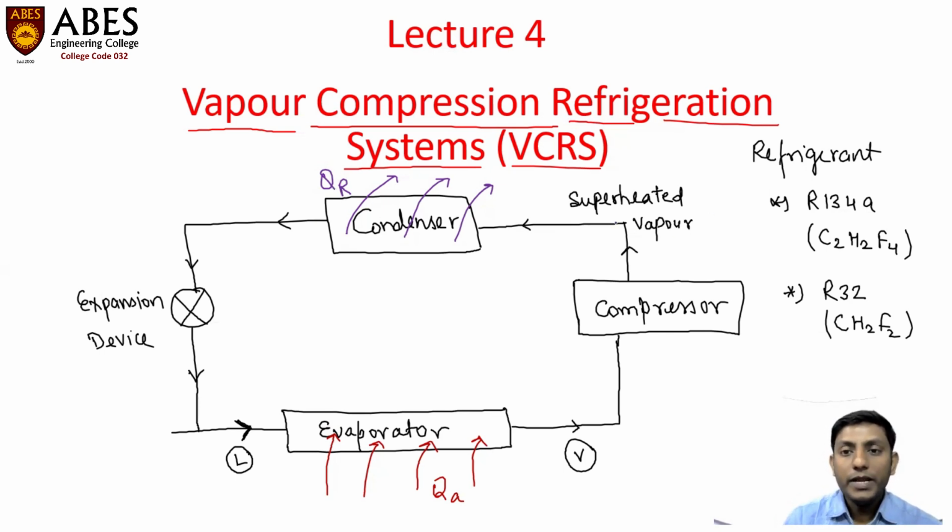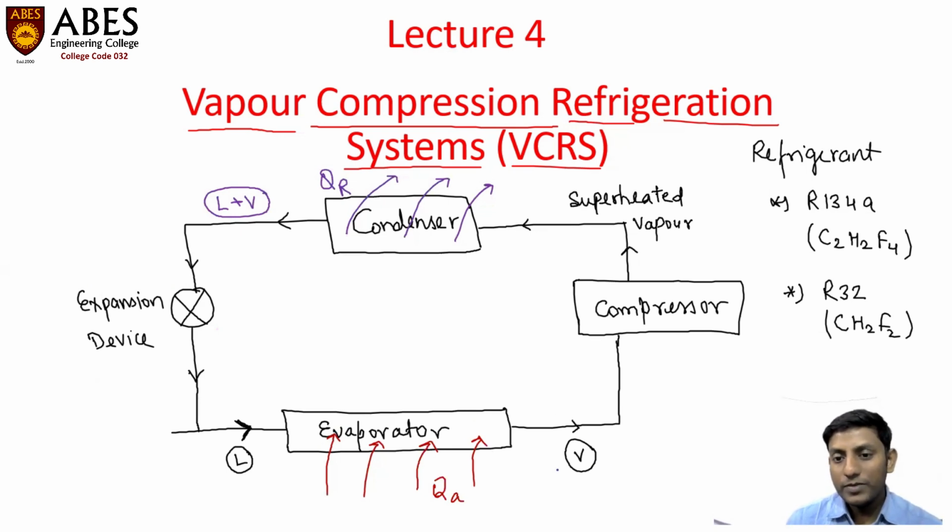So this superheated vapor rejects the heat QR in the condenser, and it gets converted back into liquid form, or most of the time liquid plus vapor form. Finally, this liquid plus vapor gets expanded and cooled down so that it can again be utilized for the absorption of heat in the evaporator.